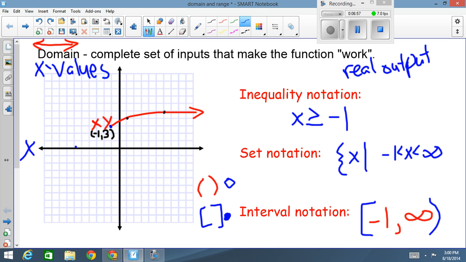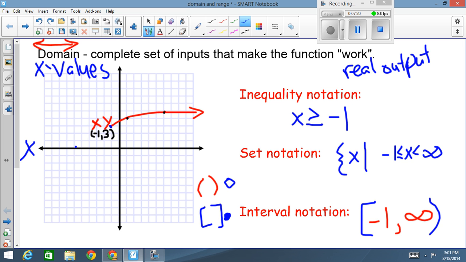And if you are including either of those, so if you are including -1, which we are because of the bracket, then we also include an equal to sign. But if you're not including the value, which in this case is the infinity sign, we're not including the infinity sign.